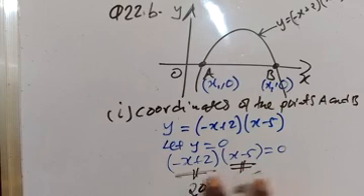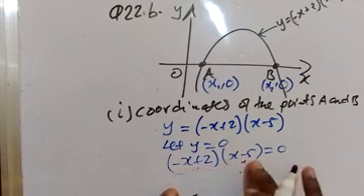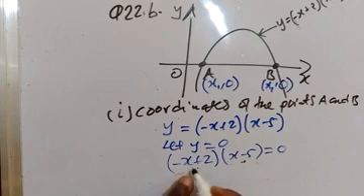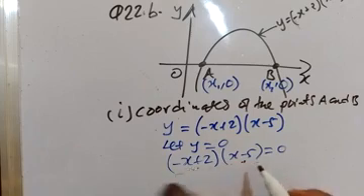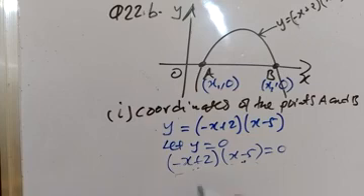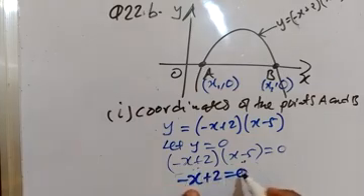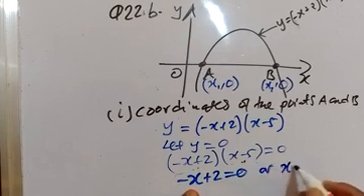If this can be 0 or that can be 0, then it suffices to write that negative x plus 2 is equal to 0, or x minus 5 is equal to 0.